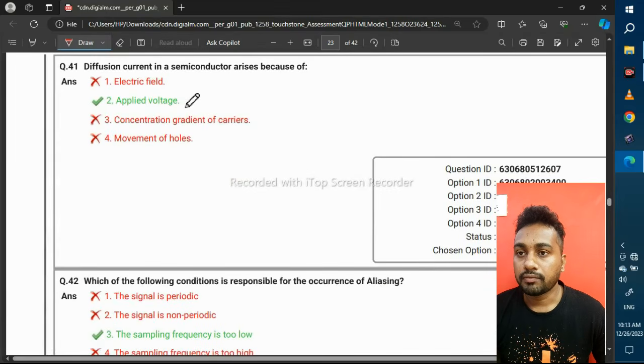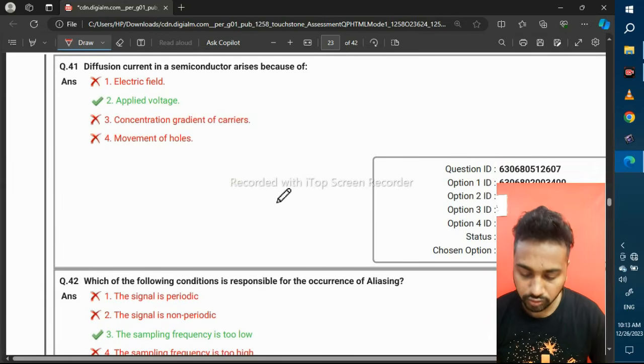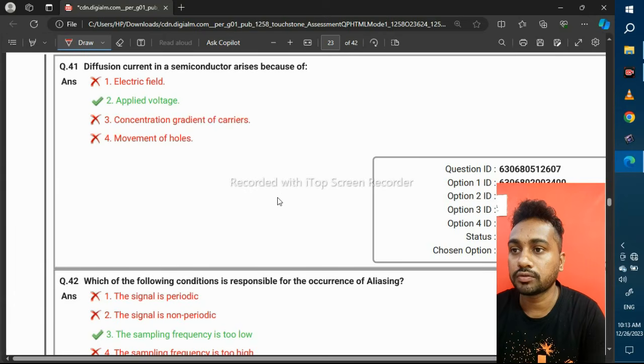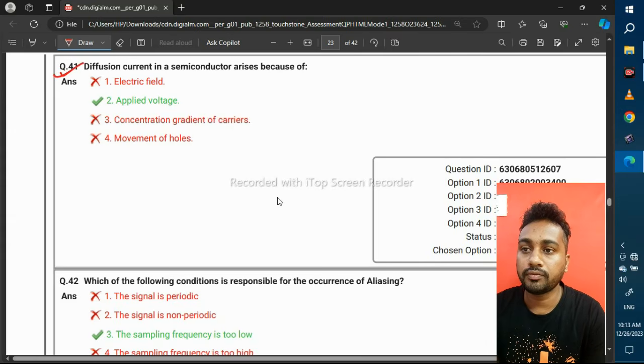Diffusion current in a semiconductor arises because of. This question you need to mark, this is question 41. According to them, they have chosen applied voltage. But it's wrong actually, diffusion current does not arise because of applied voltage.